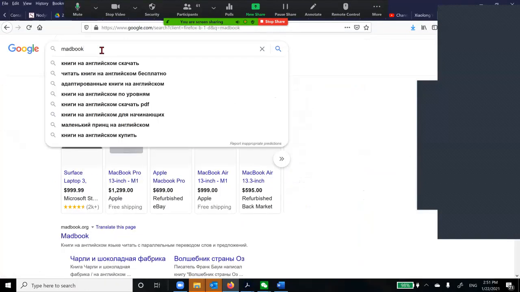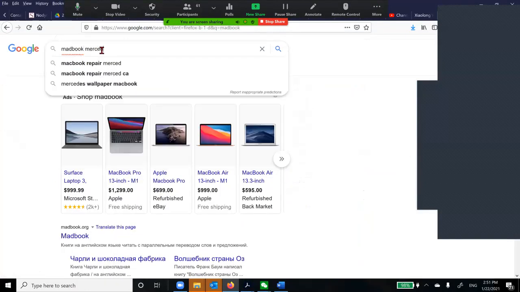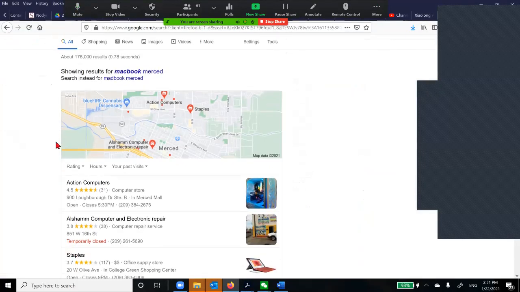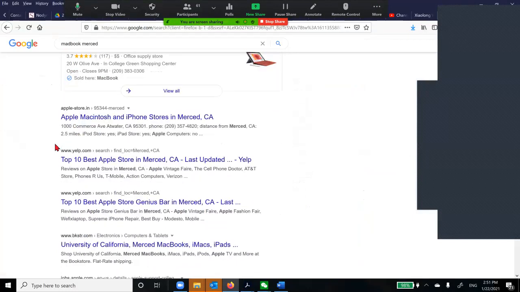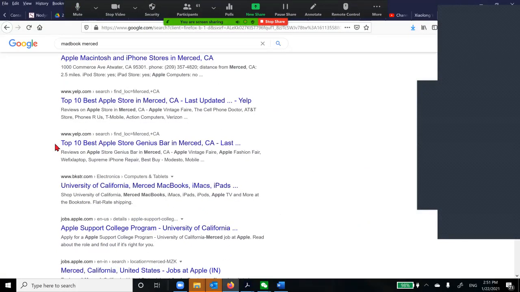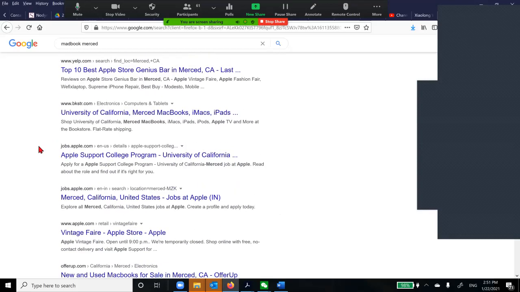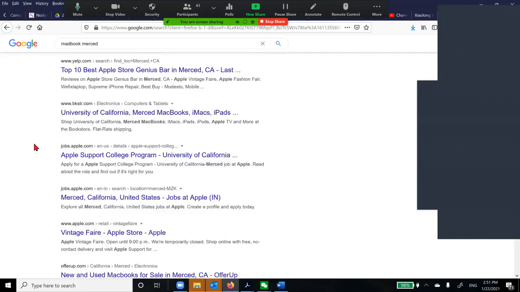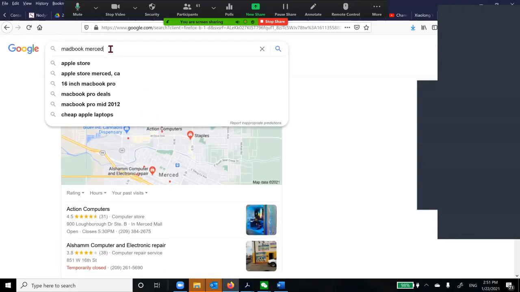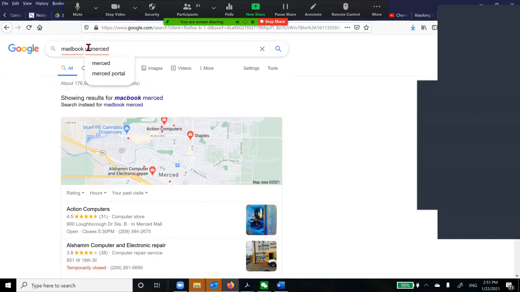Let's put Merced here, Mathbook Merced. This insists I'm going to search for the MacBook. That's wrong. Let's put UC Merced to see what's going to happen.